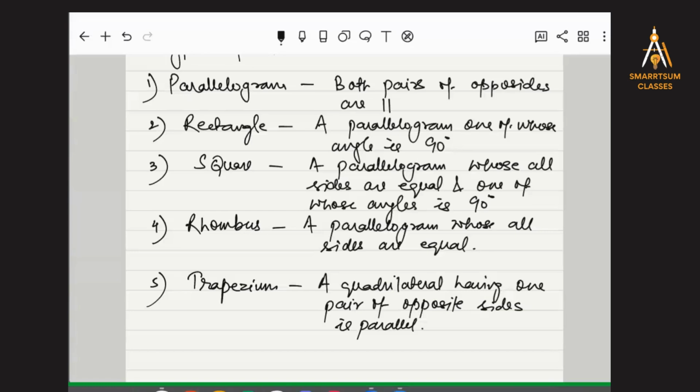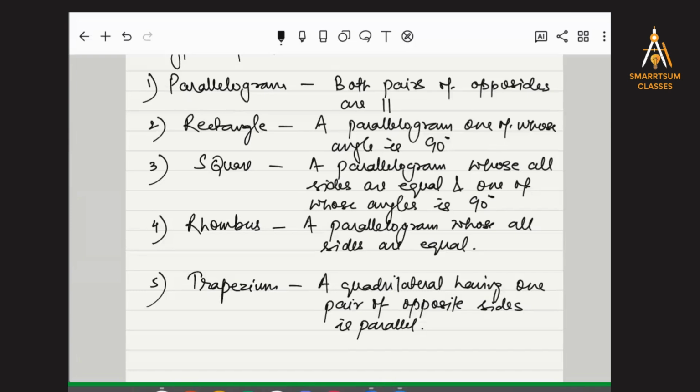So for a quadrilateral to be a trapezium, the only condition is that it should have one pair of opposite sides parallel. The other pair may or may not be parallel. If it is not, then we call it a trapezium. If both pairs of opposite sides are parallel, then that trapezium is called a parallelogram.